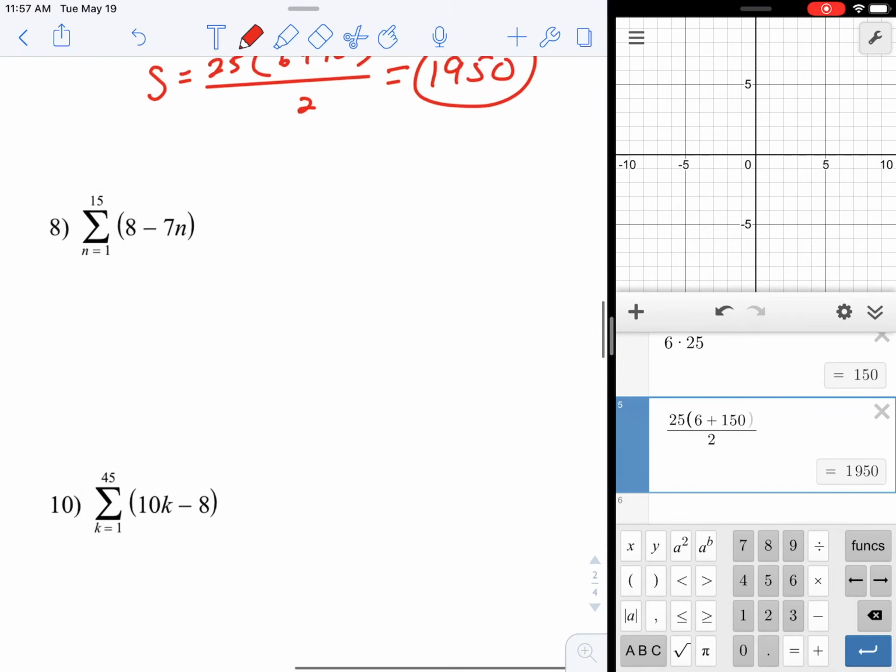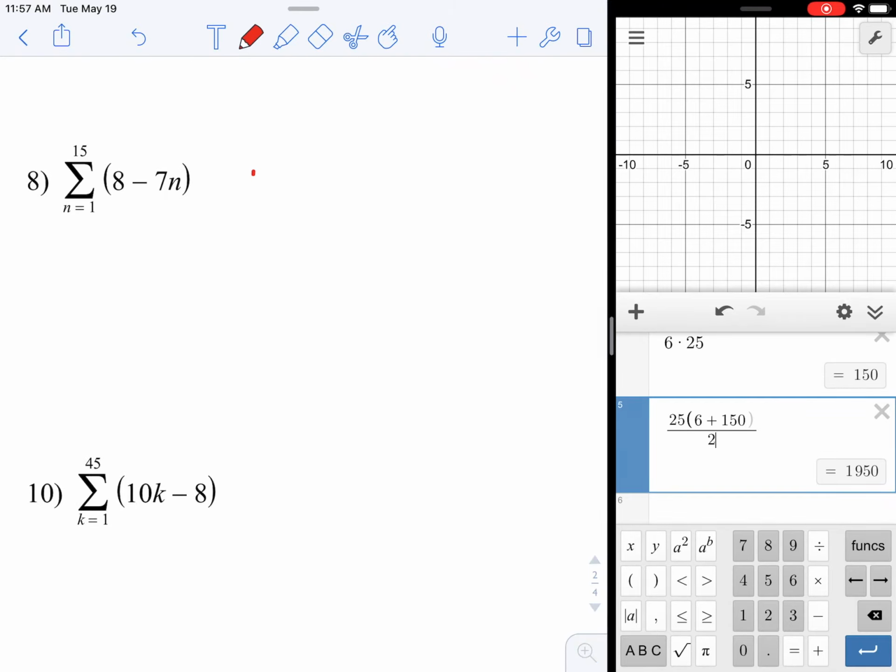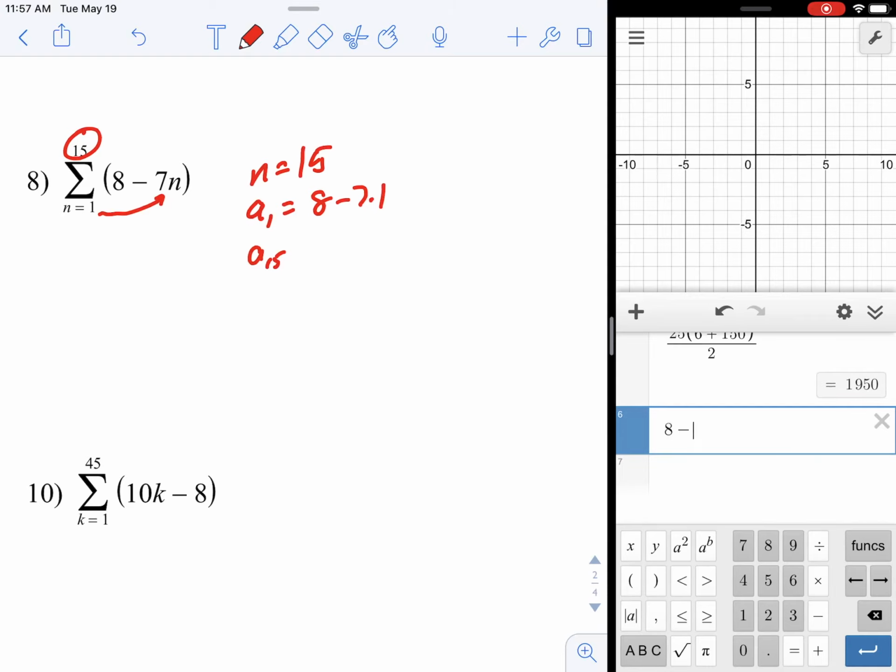Okay, so number 8. Before we do anything, we need to identify n, A1, and An, which in this case is going to be A15. So n is 15. A1 is what happens when you plug in a 1. 8 minus 7 times 1. What's 8 minus 7 times 1? That's 1. A15, so you plug in a 15. 8 minus 7 times 15.